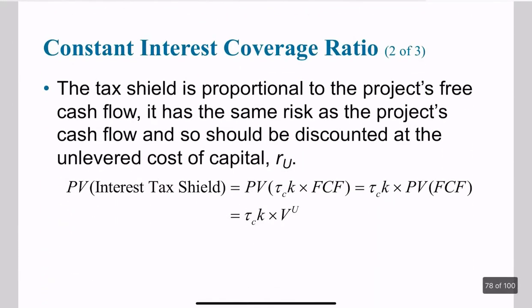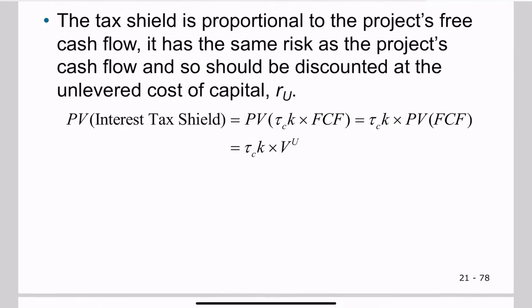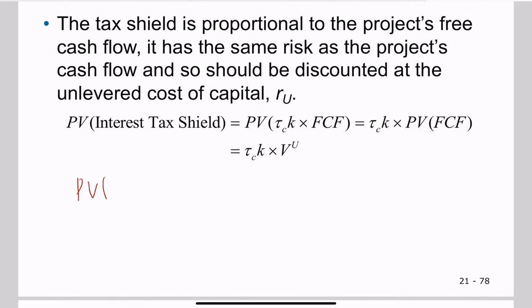Now, how do we value the project or the firm if it has a constant interest coverage ratio? Well, this assumption of constant interest coverage ratio actually makes using the APV method really convenient. So let's see. We want to find out first the present value of the interest tax shield because we're using APV here.